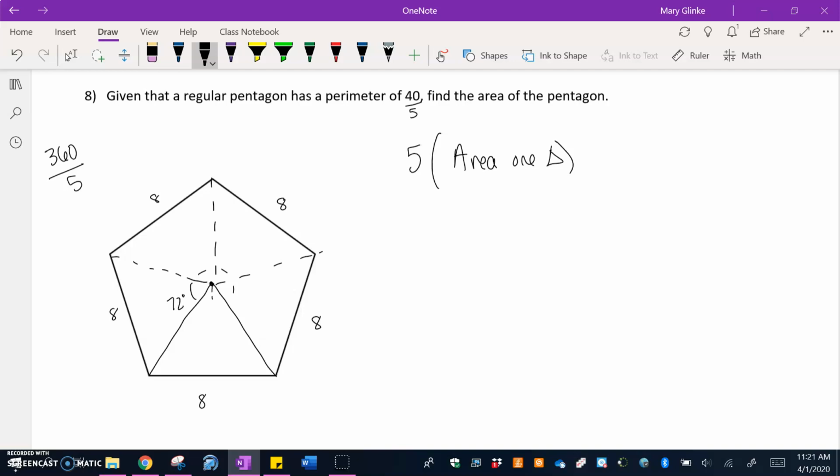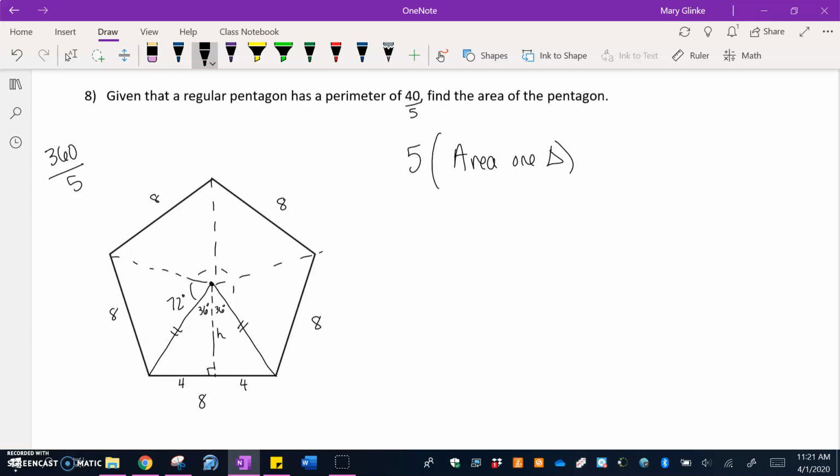And if I were to draw in now my altitude in one of my triangles, that means each of the angles up here would be 36 degrees. Drawing in that altitude also is going to bisect the side because these triangles are isosceles. And so now I have an angle and a side, and I can actually find my height for this triangle.